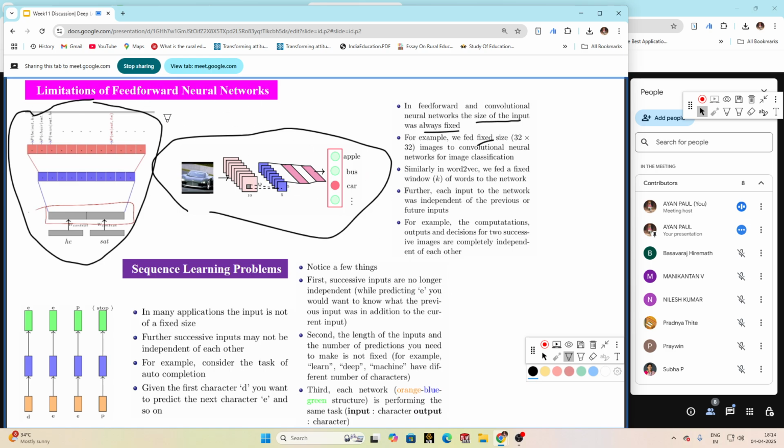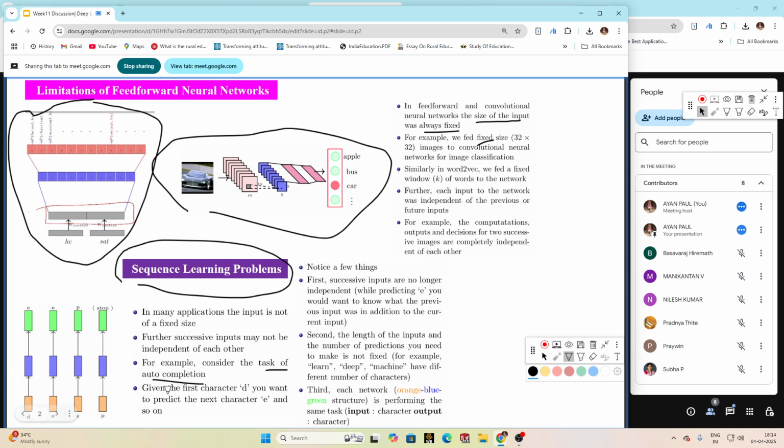We have successfully applied feed forward and convolutional neural networks for specific examples, but there are tasks where we cannot apply them. For example, the task of auto completion. Auto completion means whenever you are writing something, the software will suggest the word or letter that will come after what you are typing. In this task, the input size is not fixed.